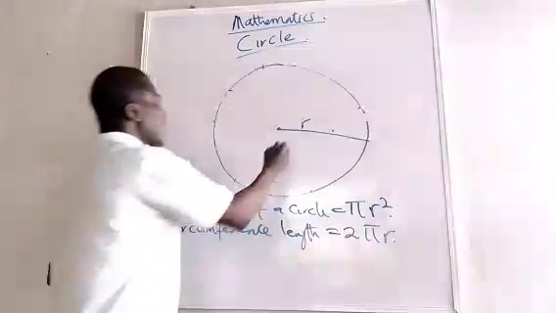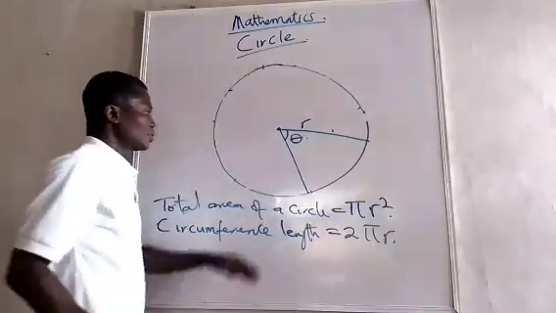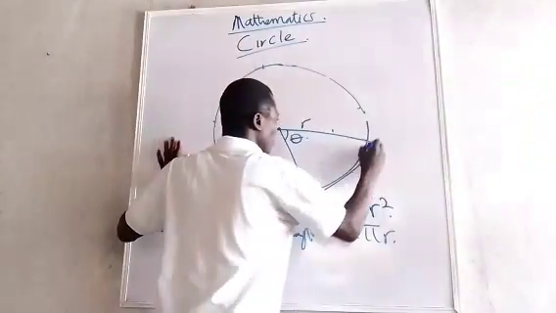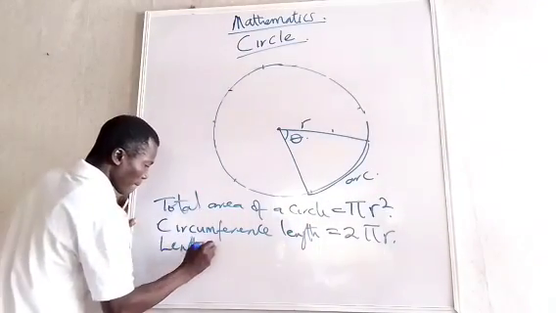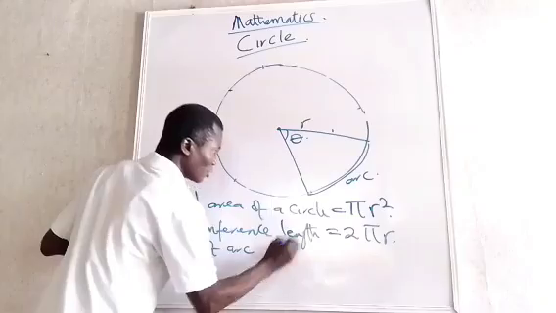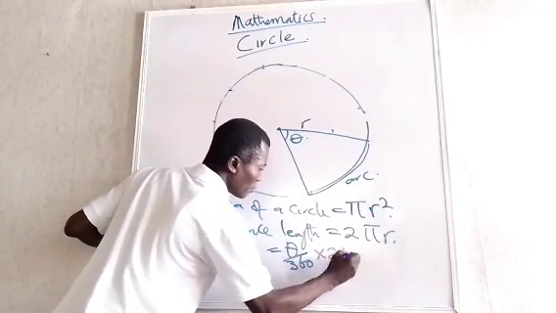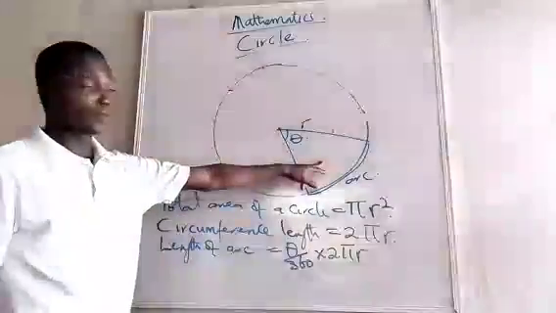Now, if I have this theta, since everything is 360, this part that I want to cut, the length of the arc will be equal to theta over 360 times 2 pi r. So you can see that is for the arc.